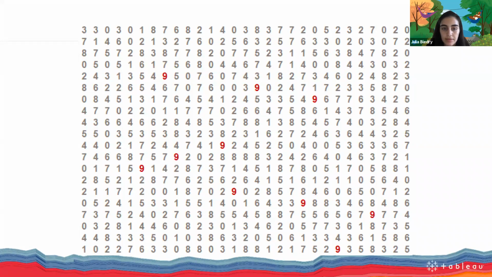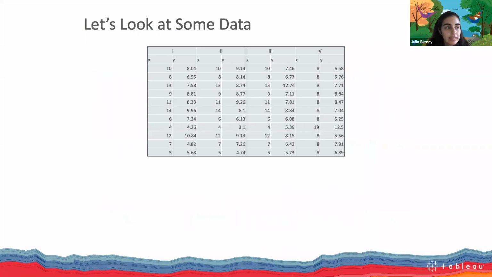Awesome. So let's now look at some data. Here's another example of data here. We have 4 sets of data here, each with 11 sets of XY coordinates. So we have 1, 2, 3, 4 up top. Each of them have X and Y coordinates. So for the purpose of this exercise, let's assume that the X data represents in millions the net sales of a retail store over the course of a month.